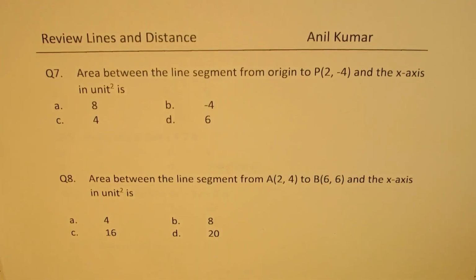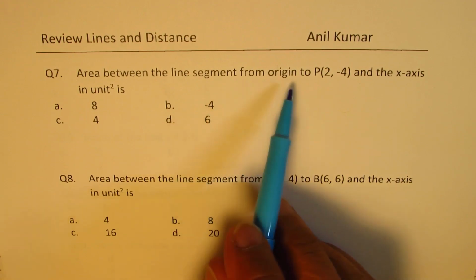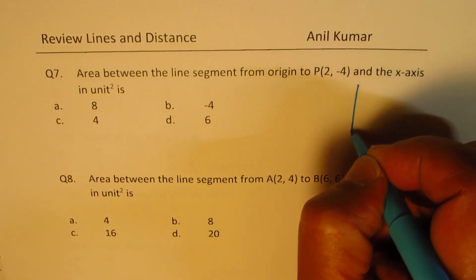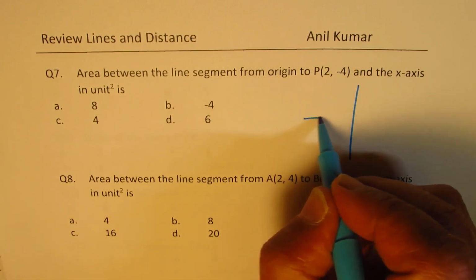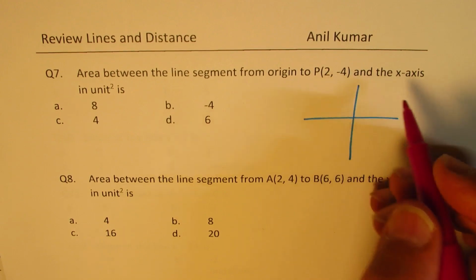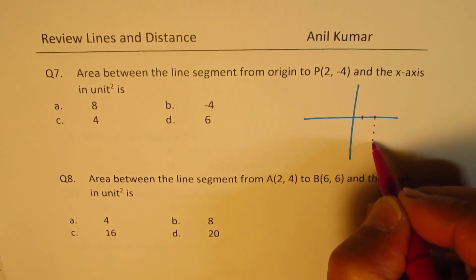Make sense? Then question number 7 is the area between the line segment from origin to point P and the x-axis. Okay, so what we have here is a point P, which is 2, minus 4. So let's say this is 1, this is 2. 1, 2, 3, 4.